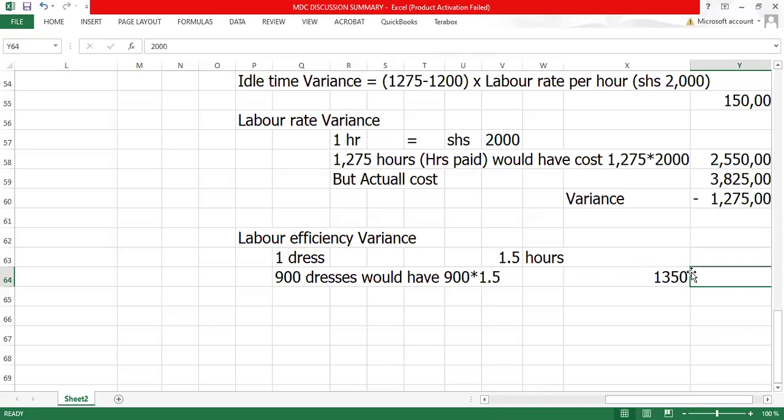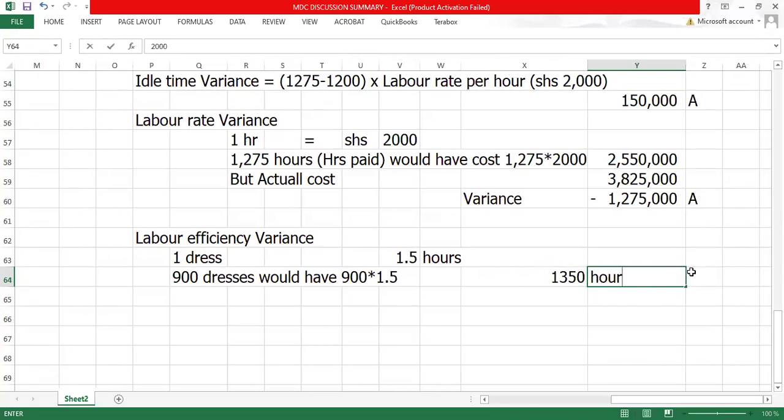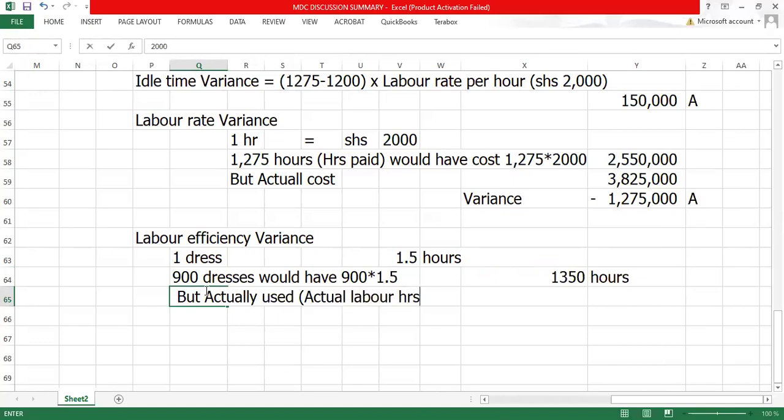These are hours. But actually used how many? You put the labor hours worked, the actual labor hours worked, not paid for.